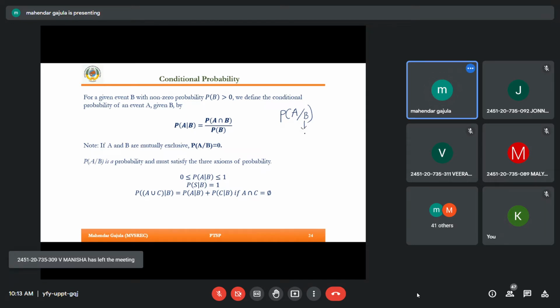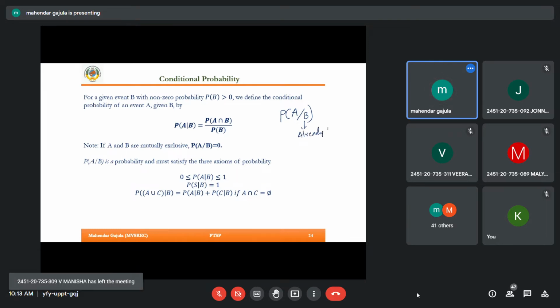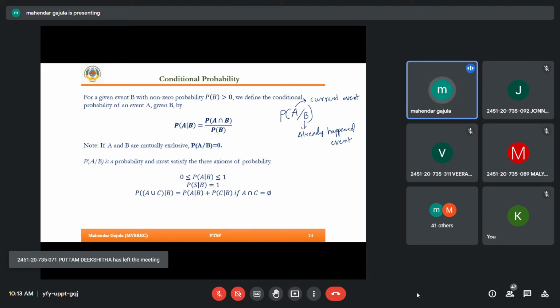B is an already happened event. A is a current event or present event. You understand? Probability of A given B. So it gives a dependency. Probability of current event given already happened event.